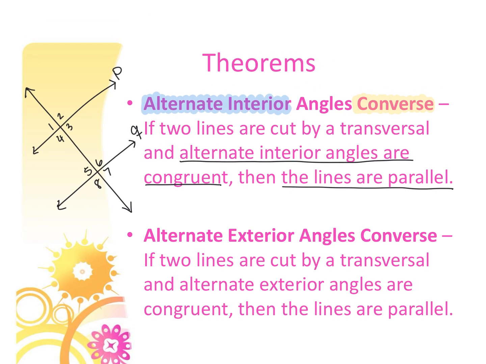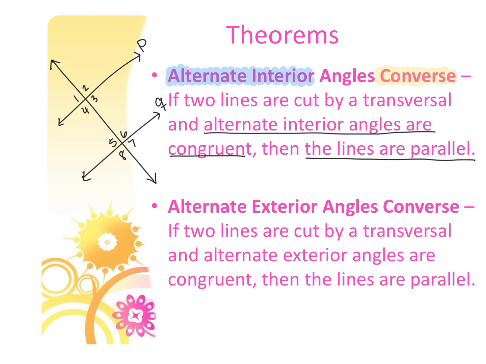Who could give me a pair of alternate interior angles? Yes, Camilla? Say it one more time. Good. 3 and 5 are alternate interior angles. They are congruent.